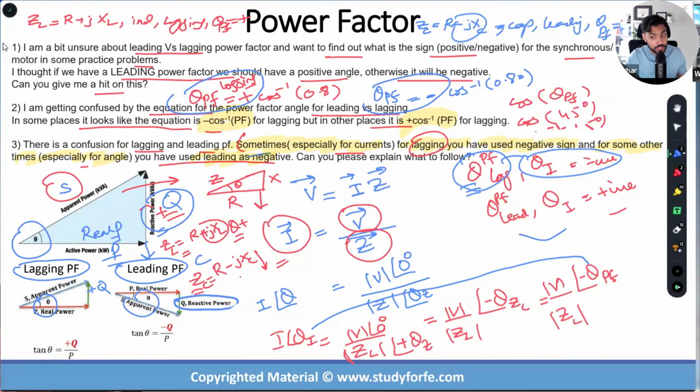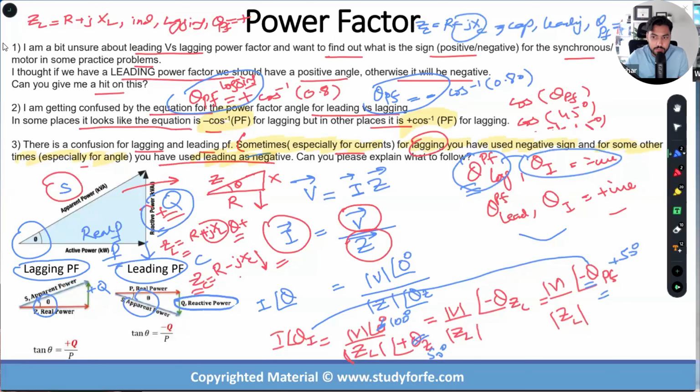There's a rhyme and reason, and I've kept it simple. This guy could still end up being positive. Let's say this was 100 degrees for the sake of argument. This voltage phase angle was 100 degrees, and this angle was 50 degrees. Now it is no longer negative. It is 50 degrees. It is positive.